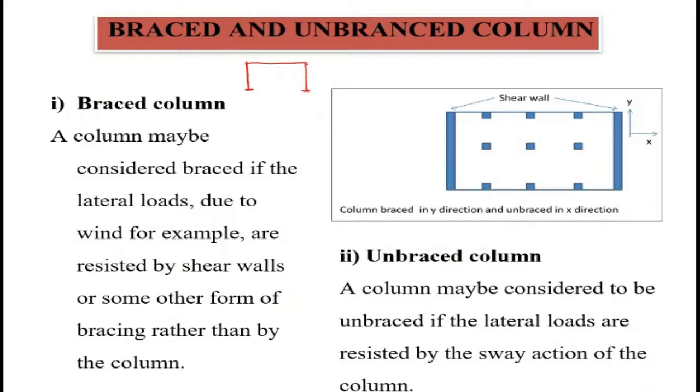So kita buat bracing dekat kolom ni. So this one kita panggil brace column, sebab kolom ni di-brace, disangga, disokong oleh bracing. So under brace and unbrace ni kita ada brace column dan juga unbrace column.